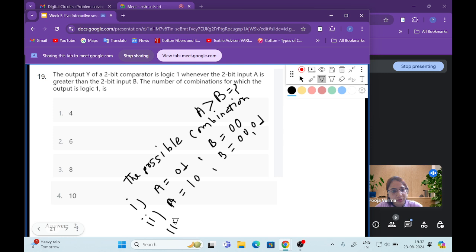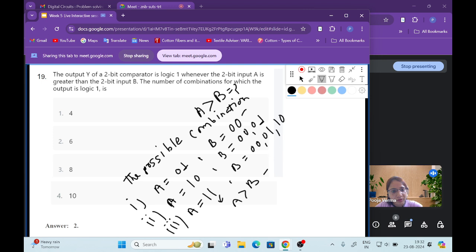Now third possible combination is when A is equal to 1, 1, right? And B can be 0, 0, 0, 1 and 1, 0. In three cases, A will be greater than B. In all these cases, the A is greater than B, right? So let's calculate the possible. So 1, 2, 3, 4, 5, 6.